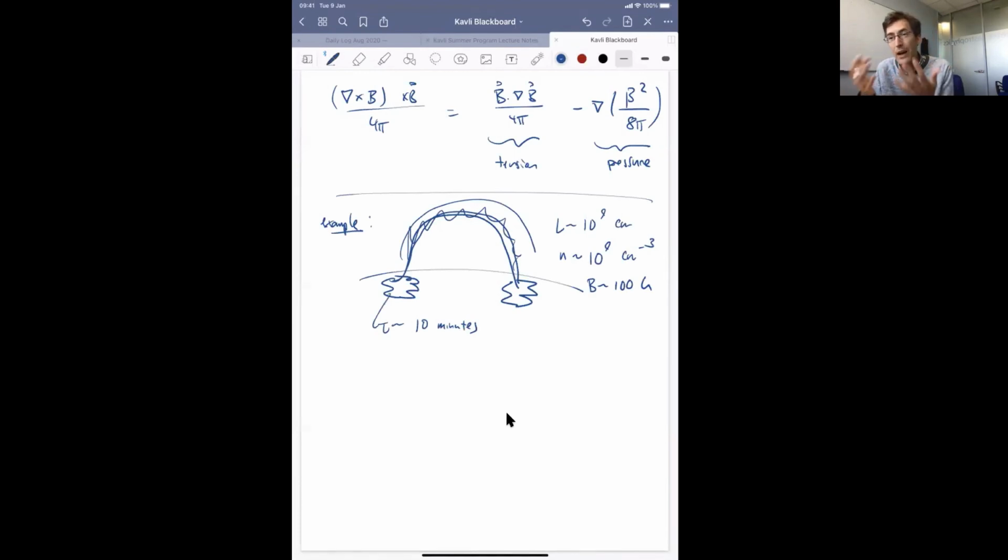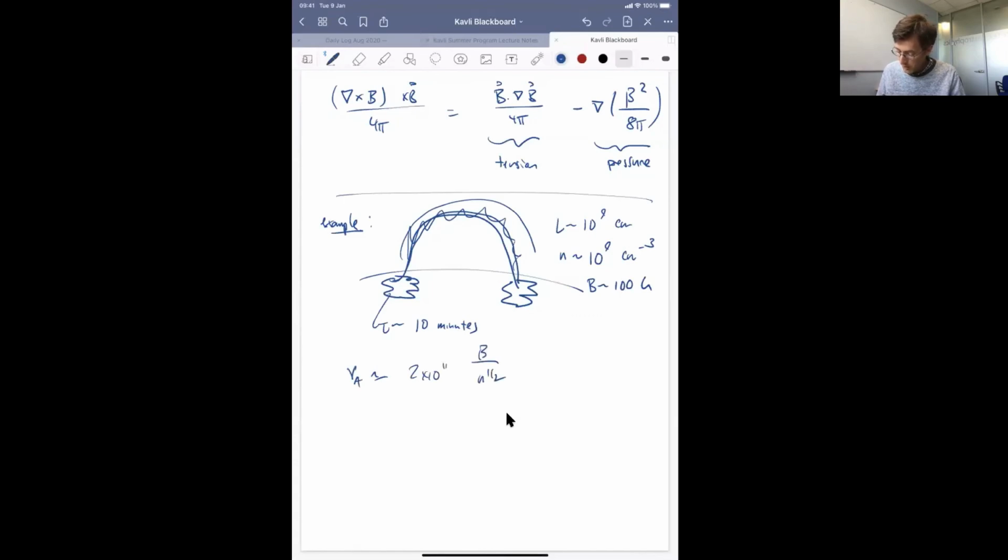The question we really want to ask then is, what is the time scale for magnetic signals to propagate down the loop compared to the time scale on which you're dragging this thing around? So let's just do it. The Alfvén velocity from our formula up there was just 2 times 10 to the 11 B over n to the 1/2.